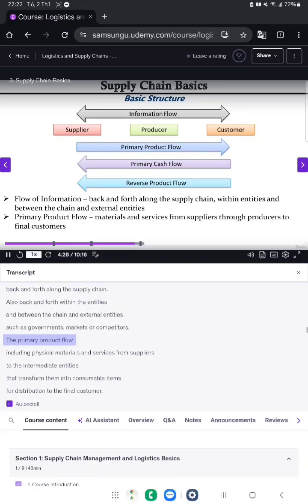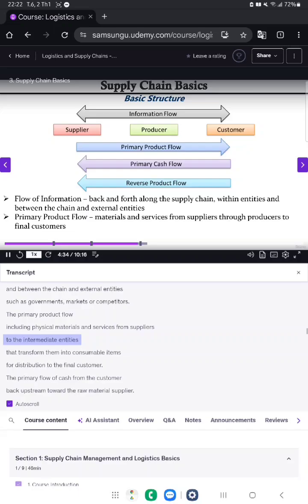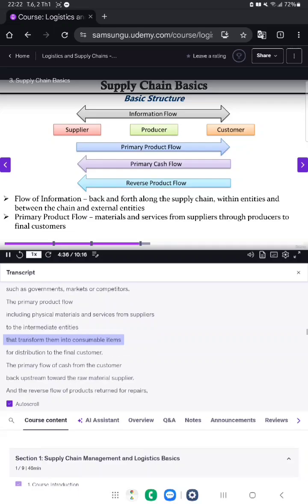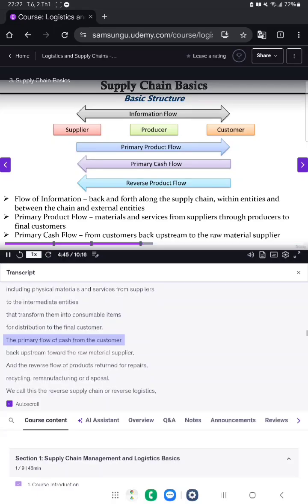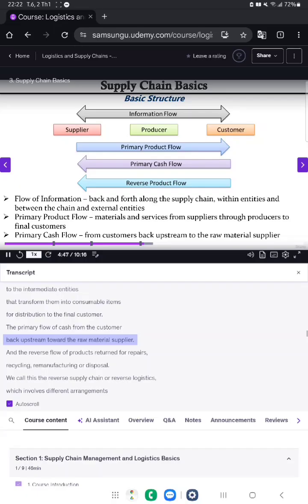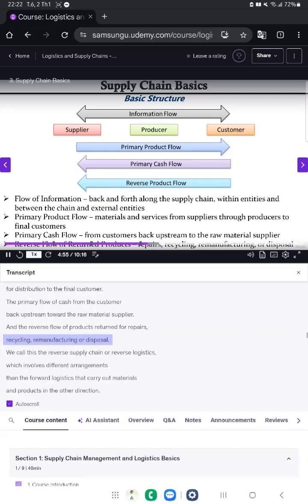The primary product flow, including physical materials and services from suppliers through the intermediate entities that transform them into consumable items for distribution to the final customer. The primary flow of cash from the customer back upstream toward the raw material supplier, and the reverse flow of products returned for repairs, recycling, remanufacturing, or disposal.